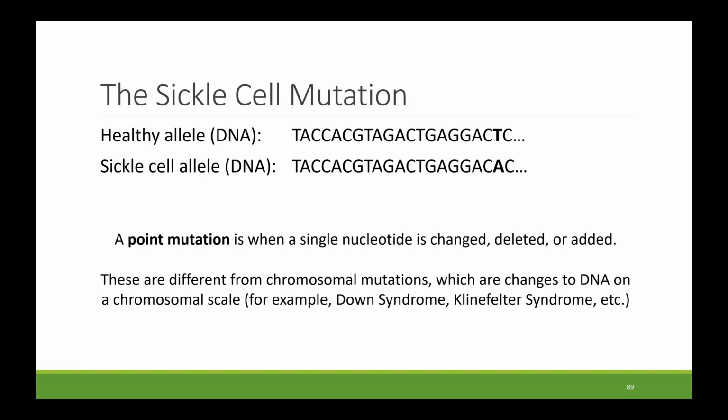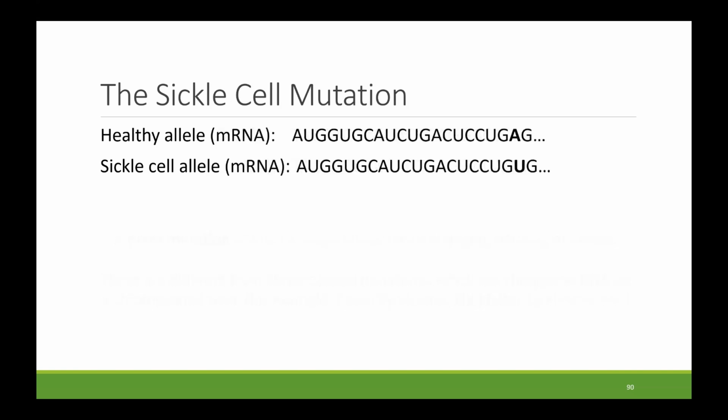So how is it that changing one letter can cause a whole disease? Well, let's see what happens when this protein gets made. First, as we know, the DNA gets transcribed into RNA, which gives you these sequences.